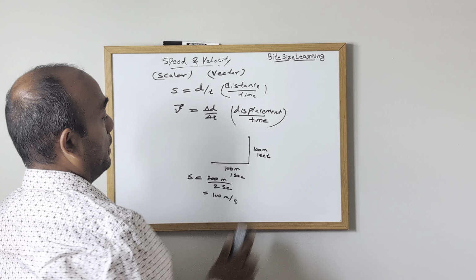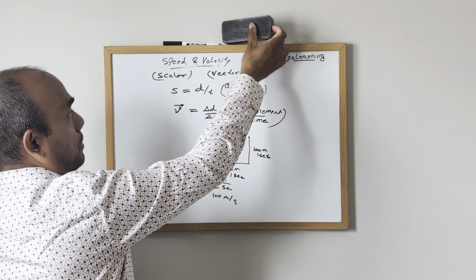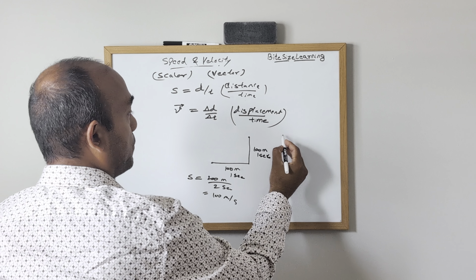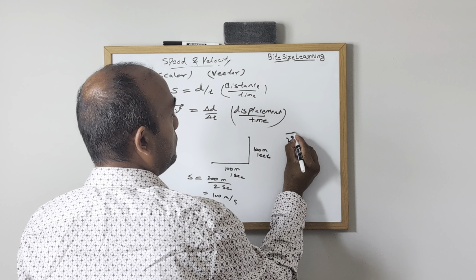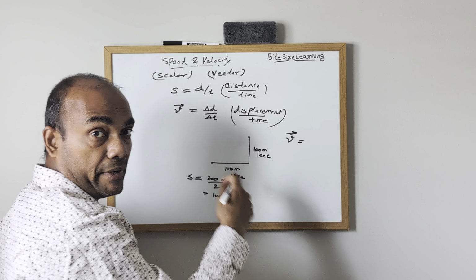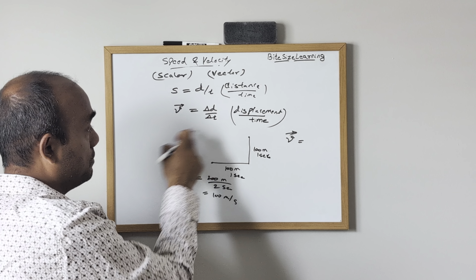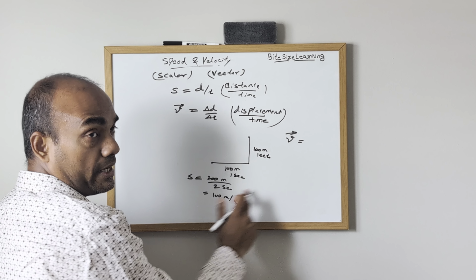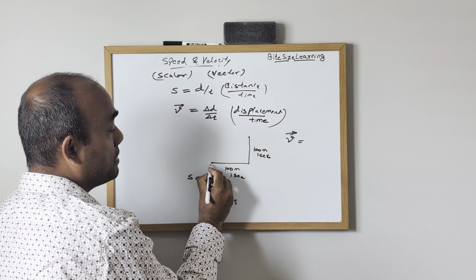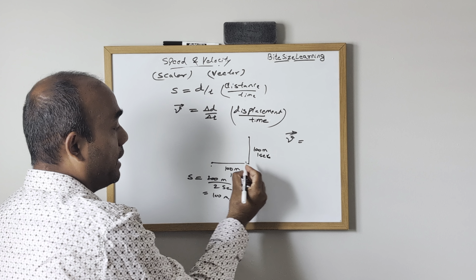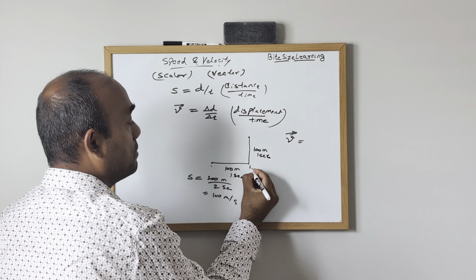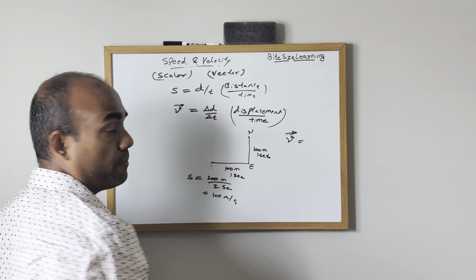Now let's take the example of velocity. So velocity is the displacement upon time. So time taken is 2 seconds still, but the displacement is, this is the initial position of the object. It has traveled in the east direction. This is east, this is north, let's say, right?